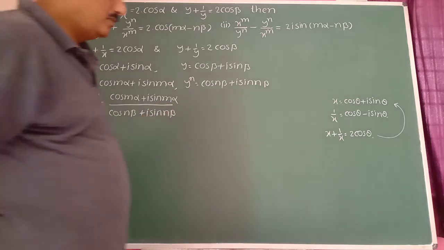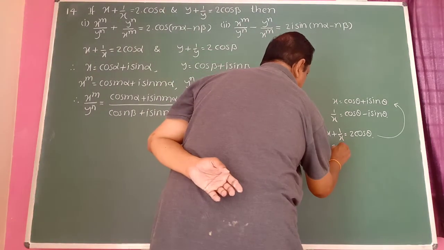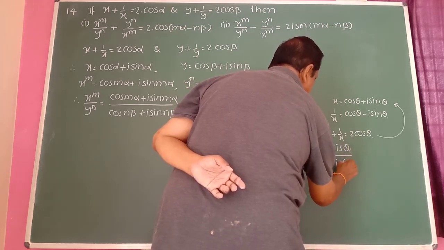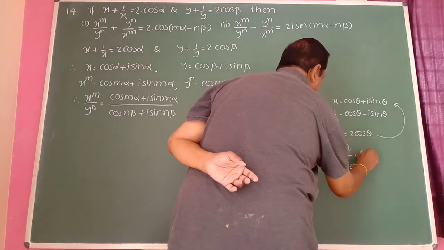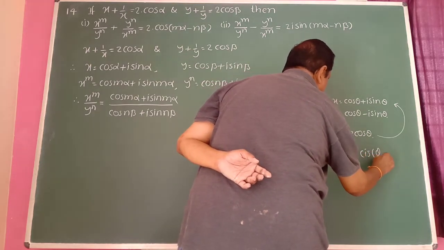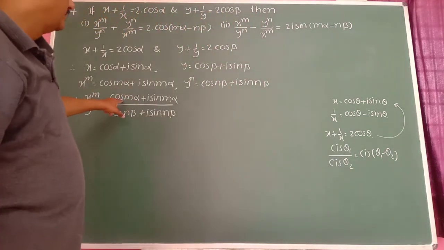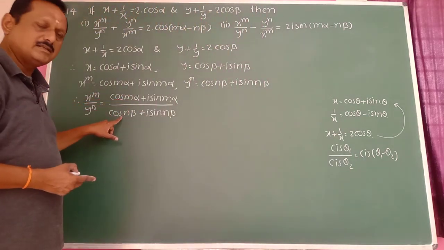And you know one more result here. Cis theta 1 divided by cis theta 2 is equal to cis of theta 1 minus theta 2. Using this result, this is cis m alpha and this is cis n beta.